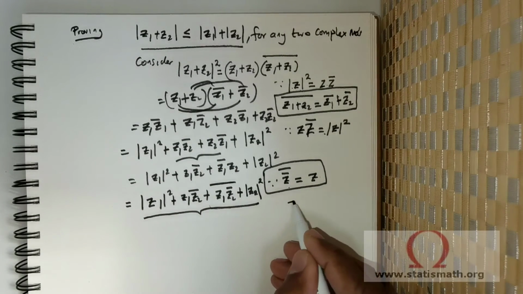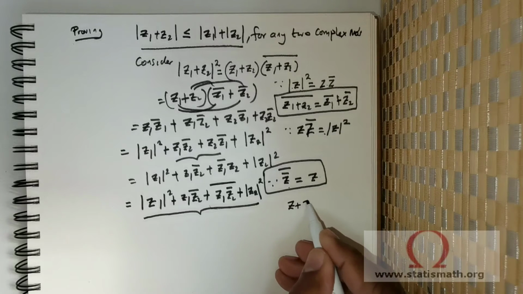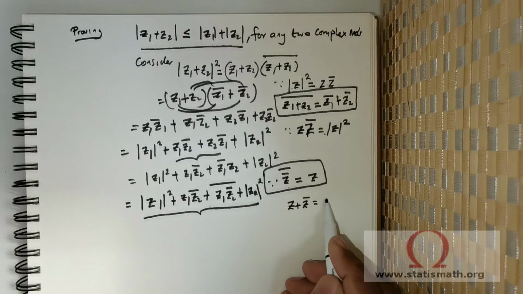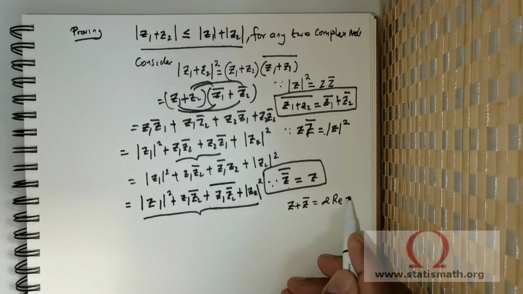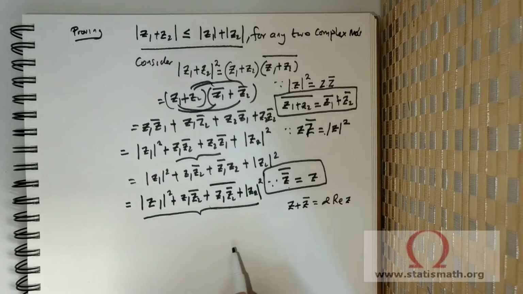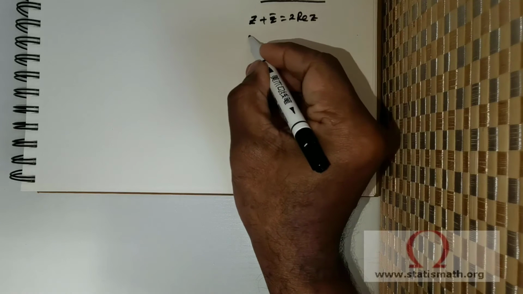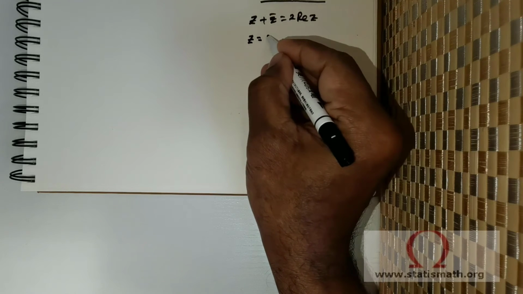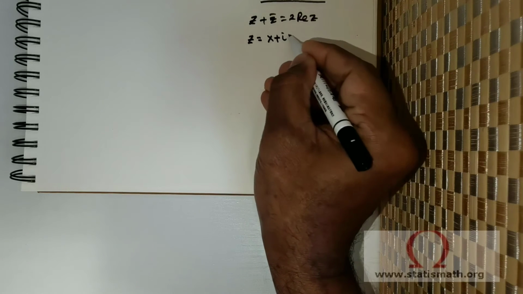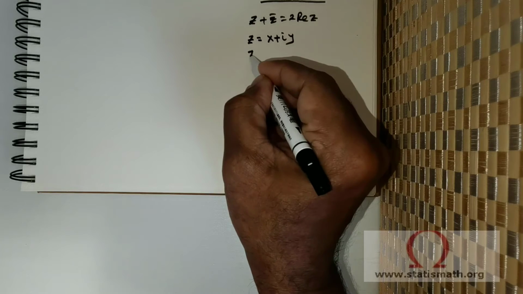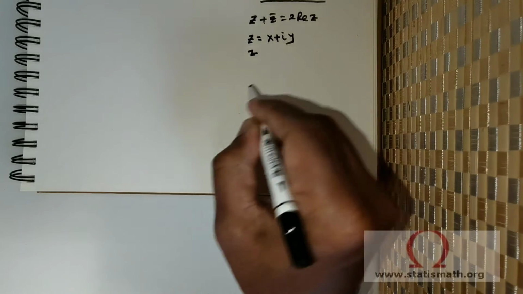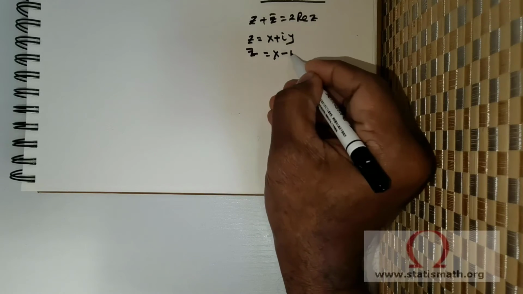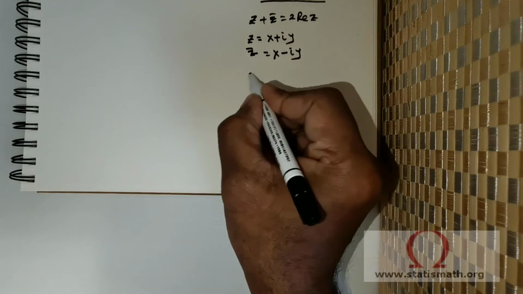Now you have to know that a complex number added with its conjugate is equal to 2 times the real part of the complex number z. Let me take a complex number, say z is equal to x plus iy, and z bar, which is going to be x minus iy.